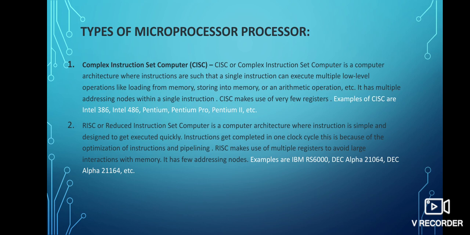Next is RISC, or Reduced Instruction Set Computer, a computer architecture where instructions are simple and designed to get executed quickly. Instructions get completed in one clock cycle. This is because of optimization of instructions and pipelining. It makes use of multiple registers to avoid large interactions with memory.